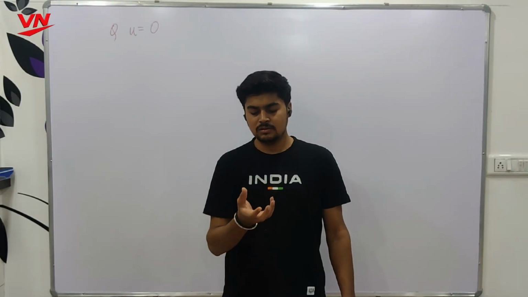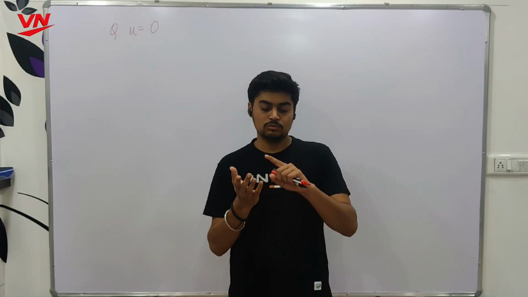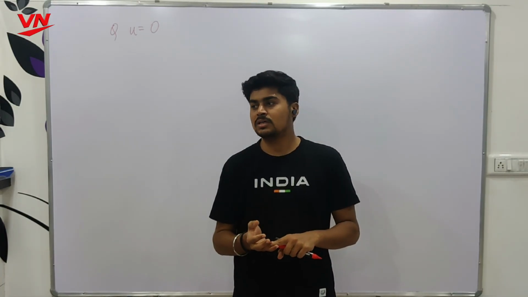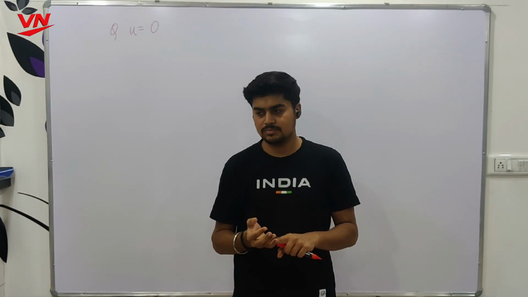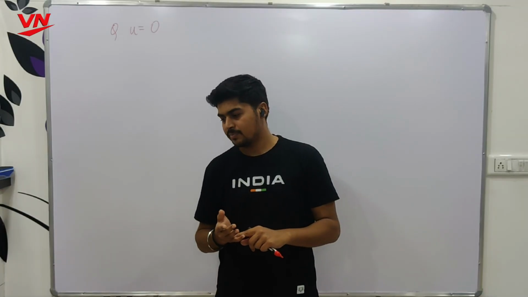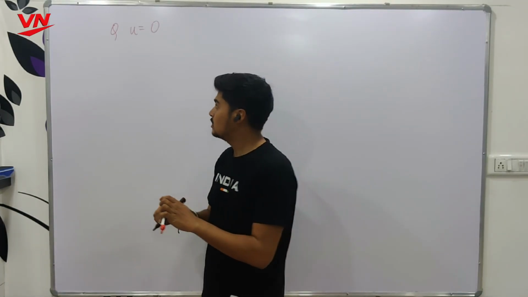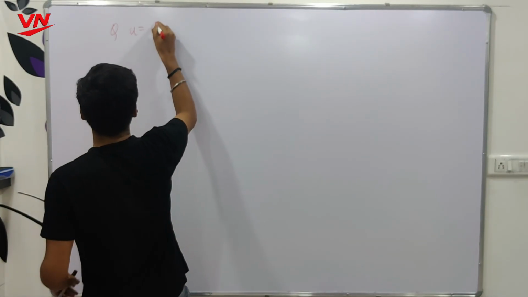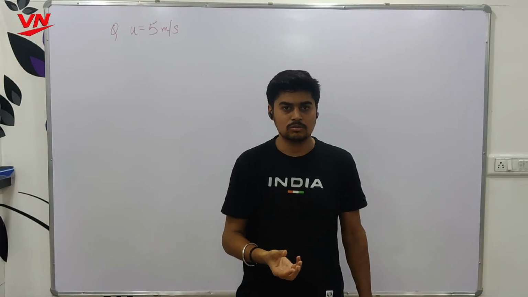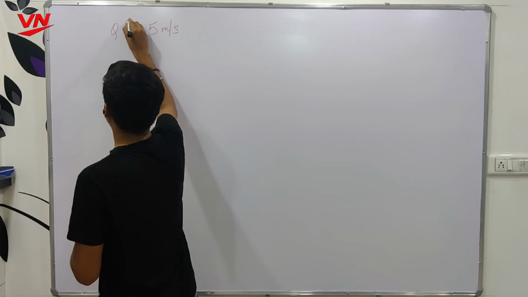As you can see in the question, whenever you throw a stone upwards, few things you have to keep in mind. You have to think about the direction of velocity and acceleration. Only then you will be able to find the sign of the acceleration. That will be determined by the directions. Another thing is, whenever you throw a stone upward, we have given the initial velocity, which is 5 meter per second, vertically upward.